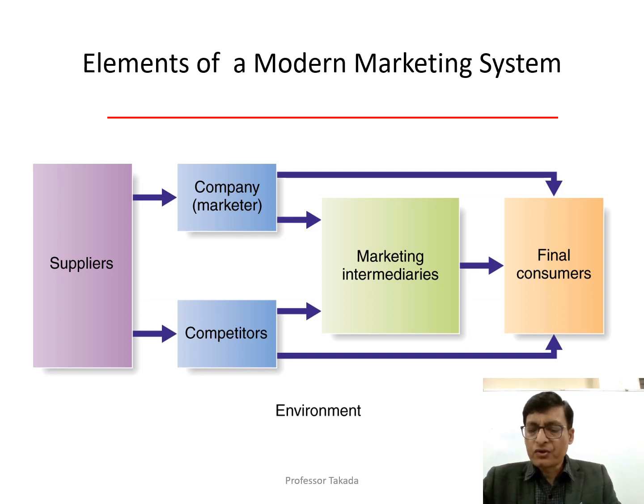They help in distribution of goods, and through these middlemen, the product reaches the customers. They are our distribution channel through which goods flow from the company to the consumer.